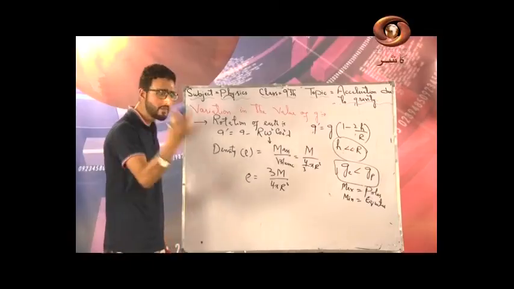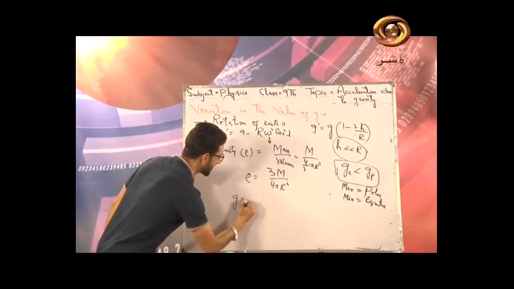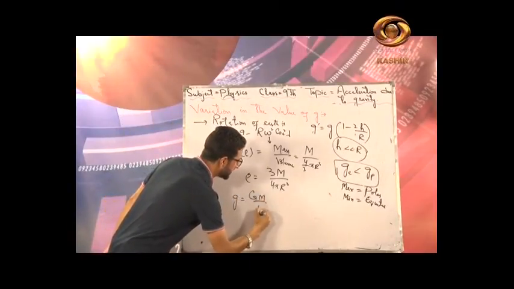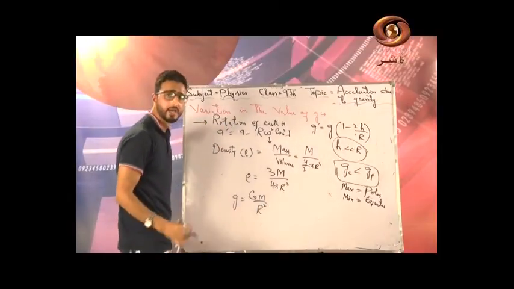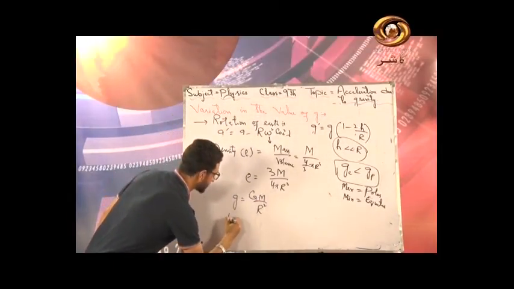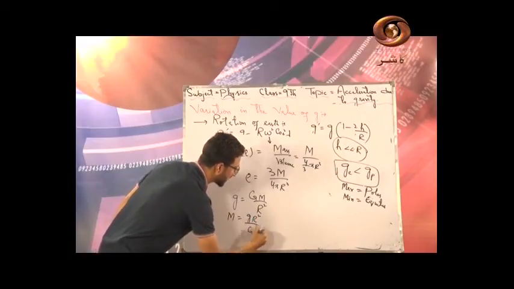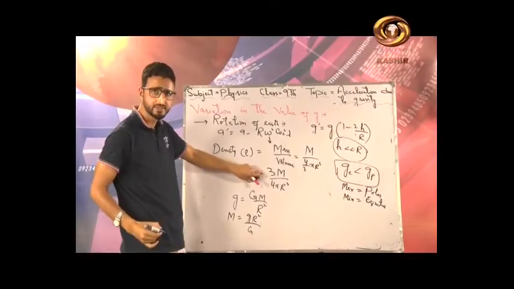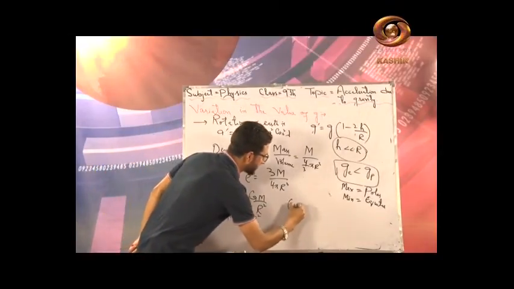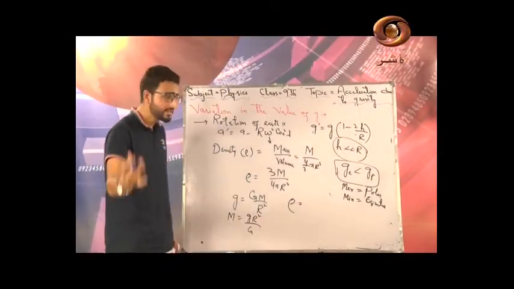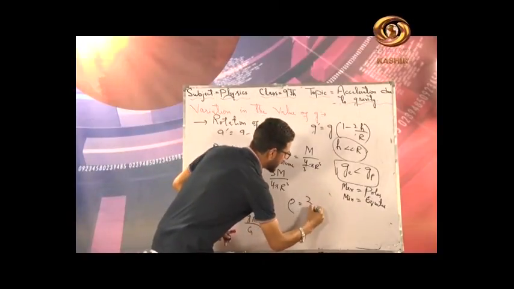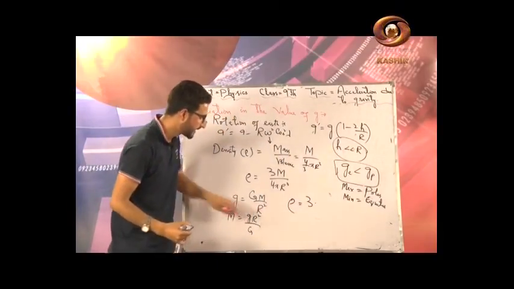ठीक है ना? अभी मैंने expression derive की small g के लिए, that is equal to gm divided by r square. ठीक है ना? जरा m निकाल के दे दो इसमें, m is equal to gr square divided by capital G. Let me substitute it here. So ये जो density of earth है, mean density of earth है, किसके बराबर निकलेगा? 3 into, हाँ, m के बदले क्या लिखूंगा?